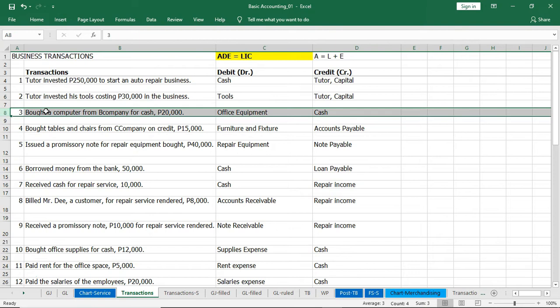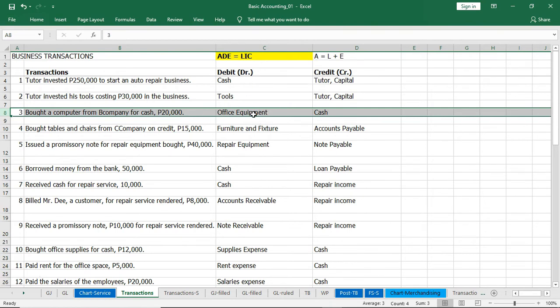And then, third transaction, bought a computer from B company for cash, $20,000. Other terms dito, bought, acquired. Okay, ibig sabihin, bumili yung business ng gamit, computer from a company for cash. Ibig sabihin, binayaran ng cash. Okay? Amount, $20,000. So, nadagdagan ng asset in the form of office equipment.